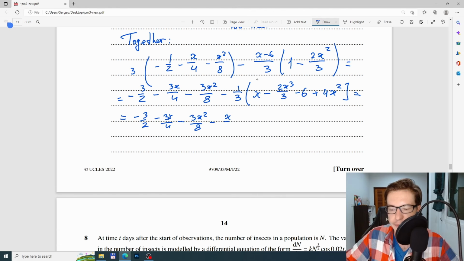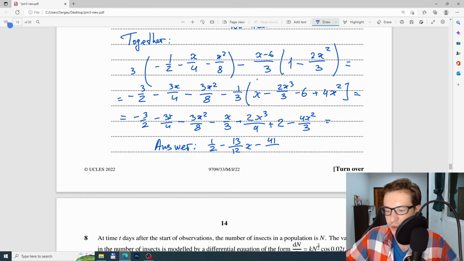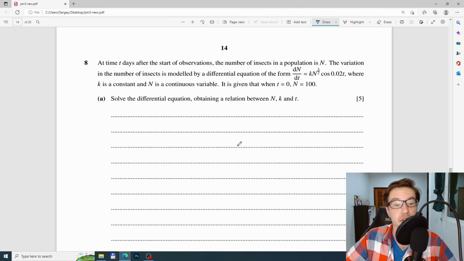So we get minus x over 3 plus 2x cubed over 9 plus 2 minus 4x squared divided by 3. And finally we get the answer, which is a half minus 13 over 12x minus 41 over 24 x squared. That's it.